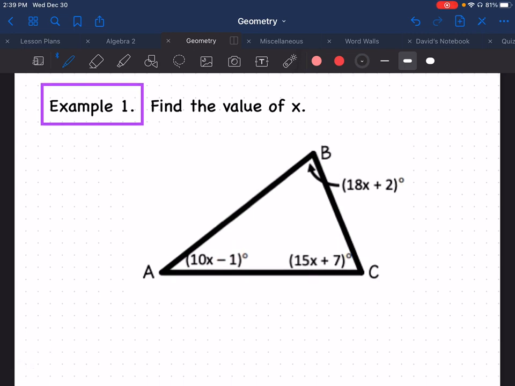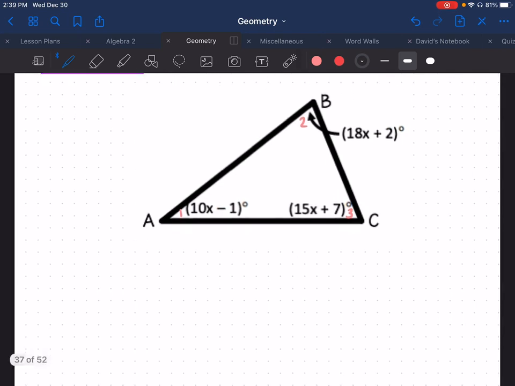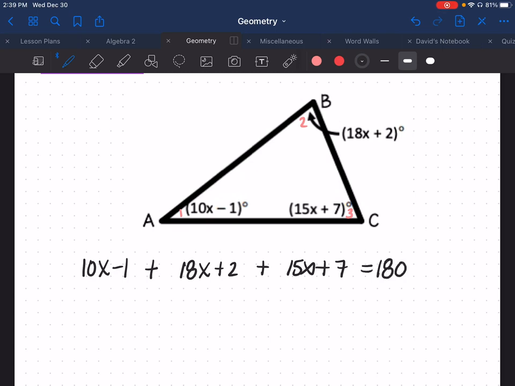So here's my triangle ABC, and they want me to find the value of x. Since all of my angles are inside, if I were to label them like we did in the theorem, 1, 2, 3, I can quickly apply the theorem: angle 1 plus angle 2 plus angle 3 equals 180 degrees. So 10x minus 1 plus 18x plus 2 plus 15x plus 7 equals 180 degrees.